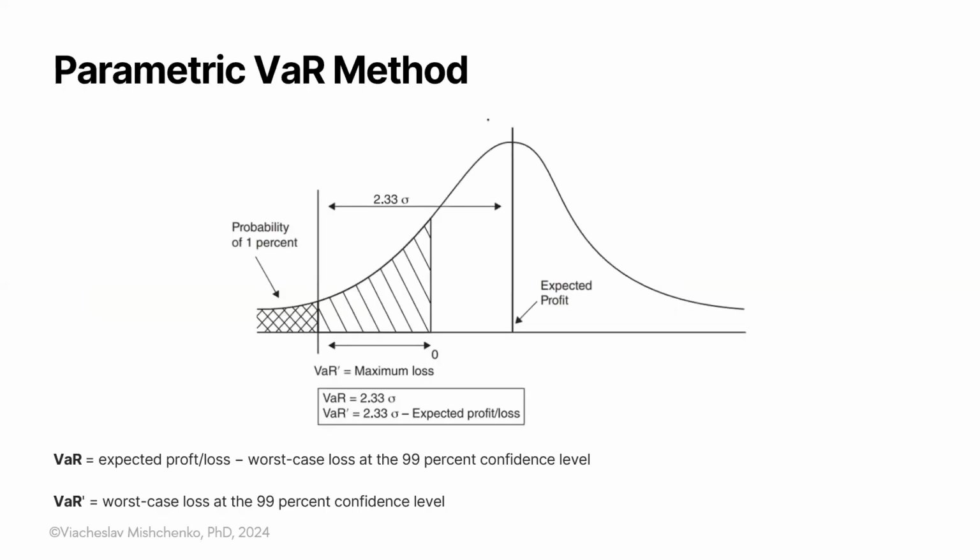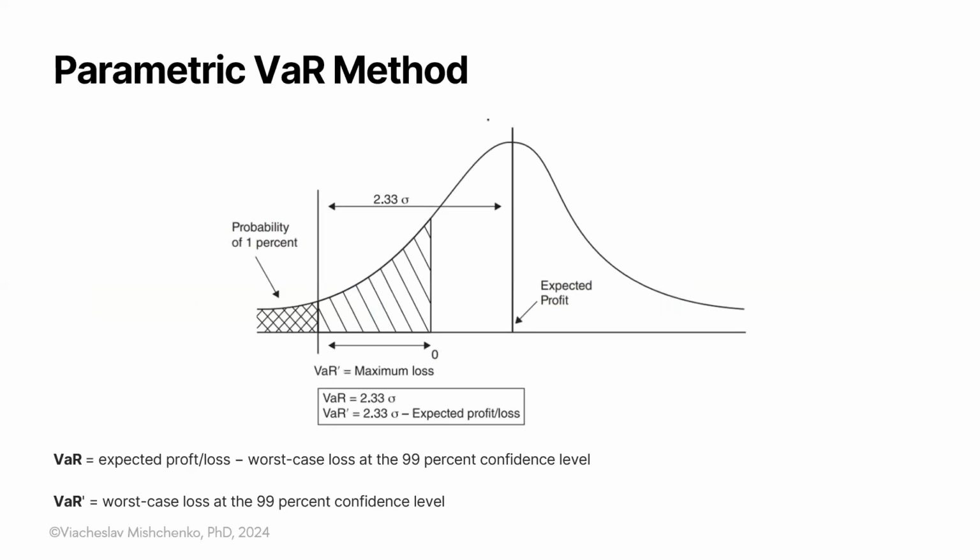Okay, let's consider the parametric approach to calculating value at risk in a more detailed way. First of all, the cornerstone of this method is the assumption that returns follow a normal distribution.